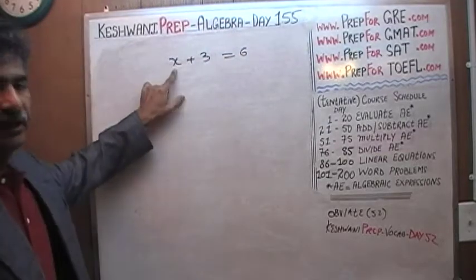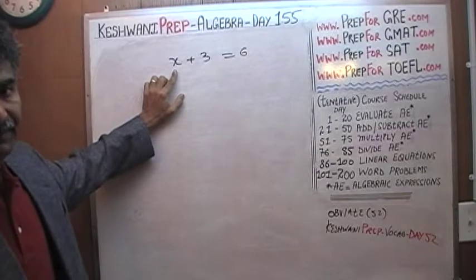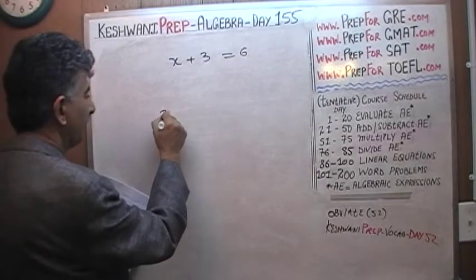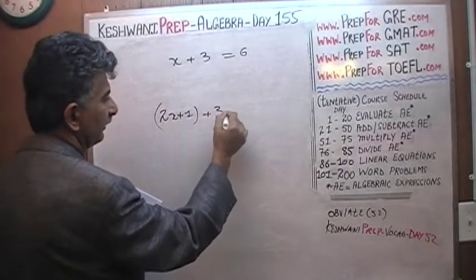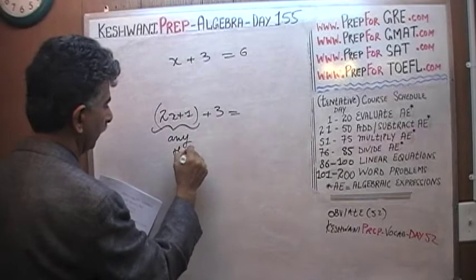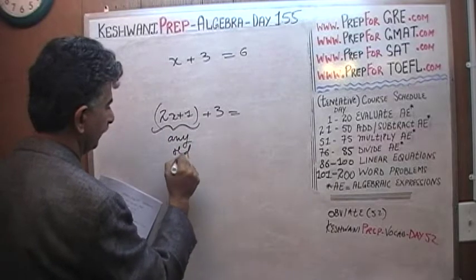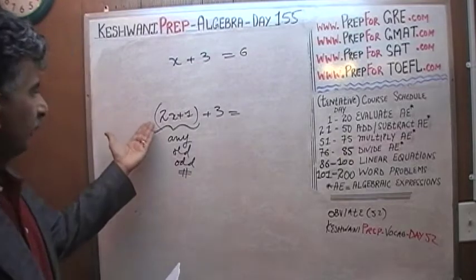Well, that odd number is 3. Here we got away with representing the odd number simply as x and not doing it properly, which is 2x. It should have been like this: 2x plus 1 plus 3. This is any old odd number. This is how we represent it.